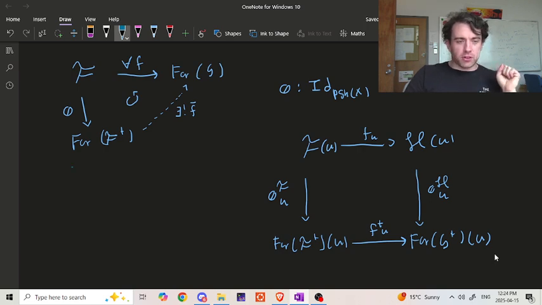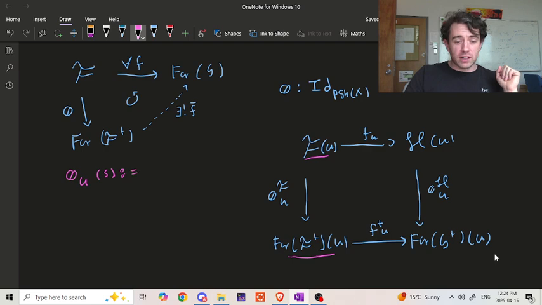And well, first I better just remind you of the definition of theta sub u at some section s. So right, s is a section here. I need to define some function.